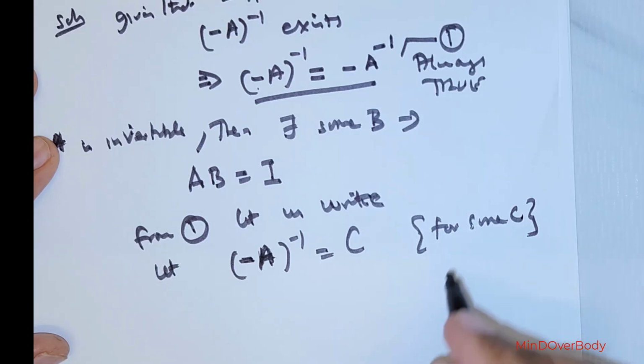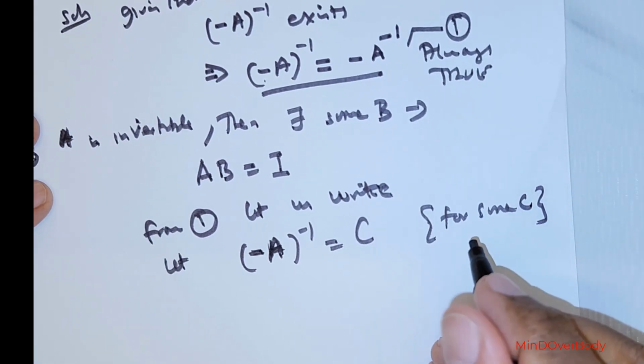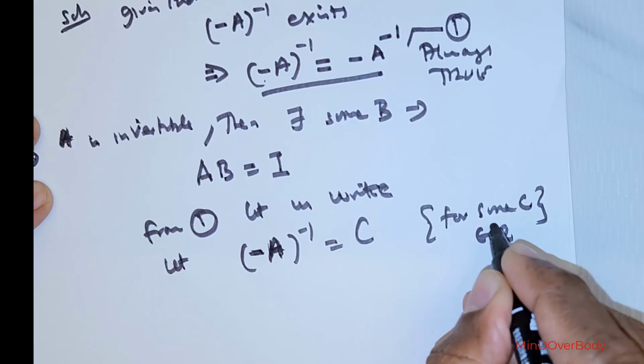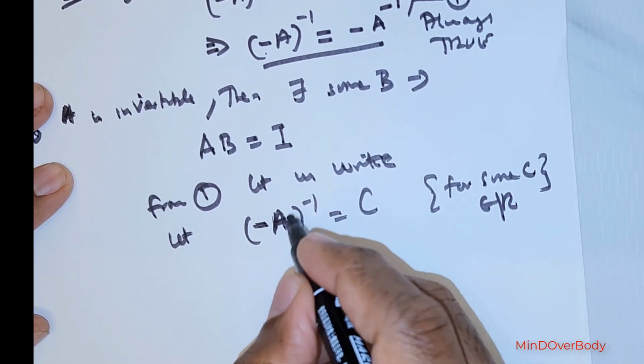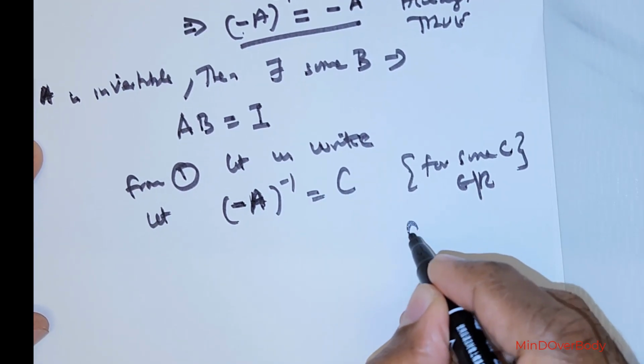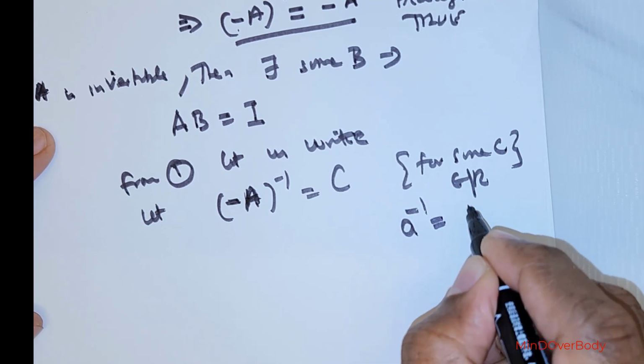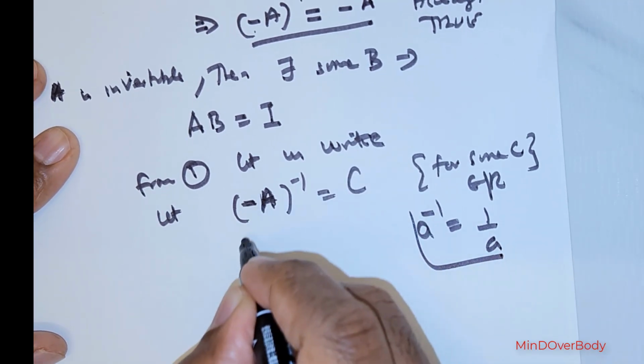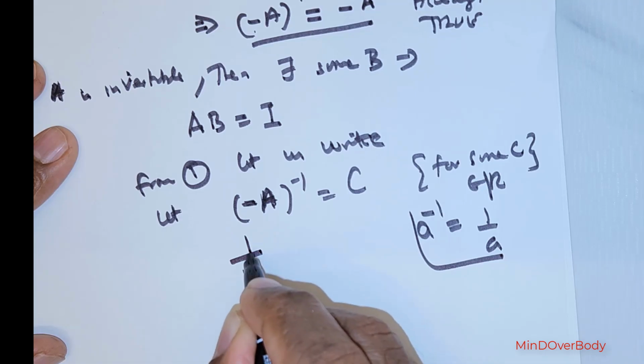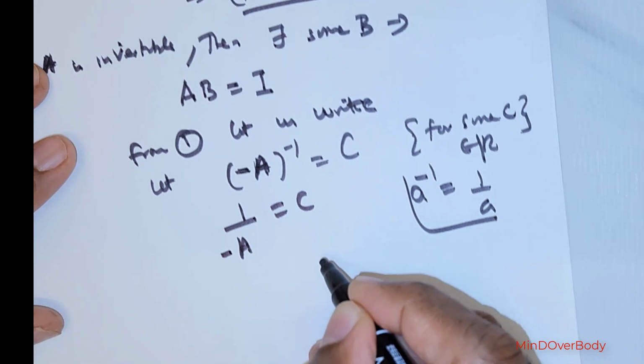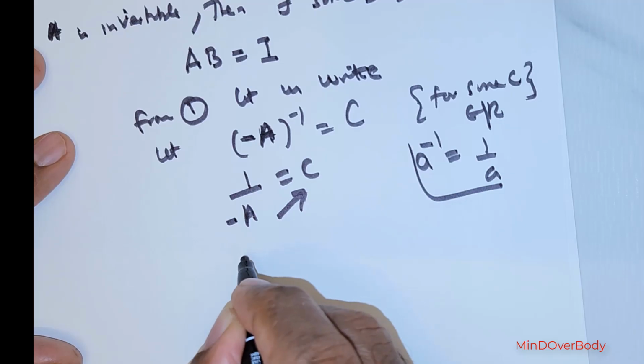Right, so of course this C is an element of R. Now we know from algebra A raised to the power of negative 1 is 1 over A, so I'm going to rewrite this as 1 over negative A is equal to C. Then I'm going to cross multiply.